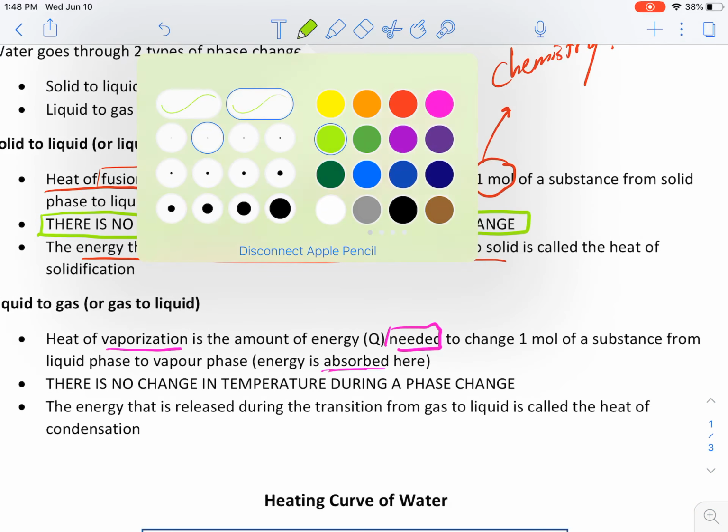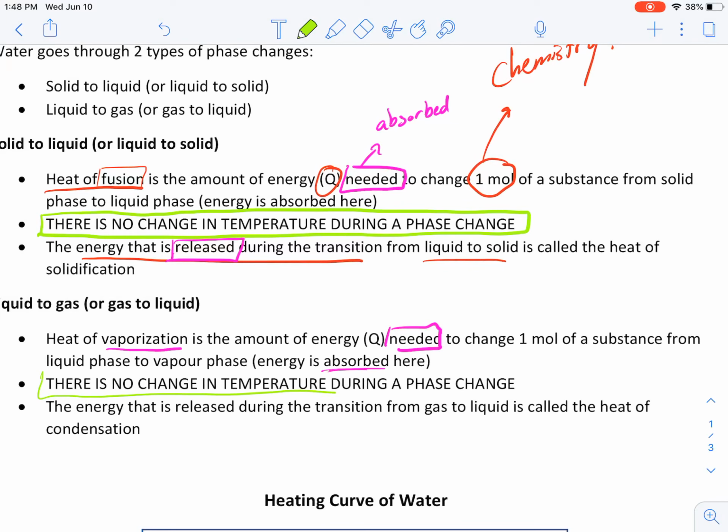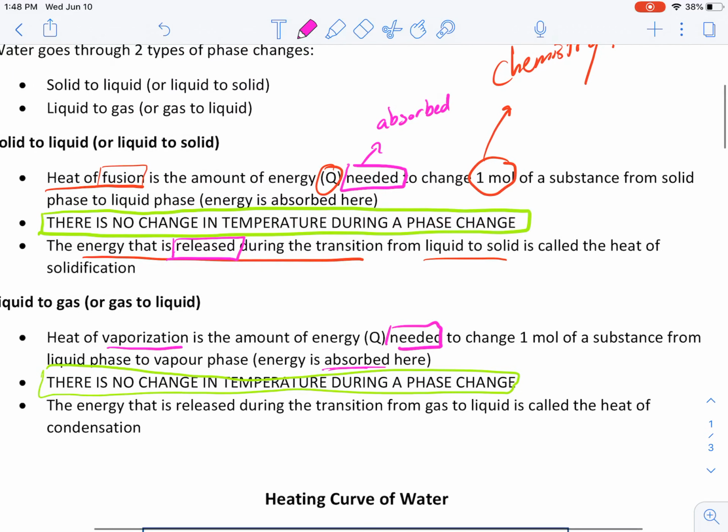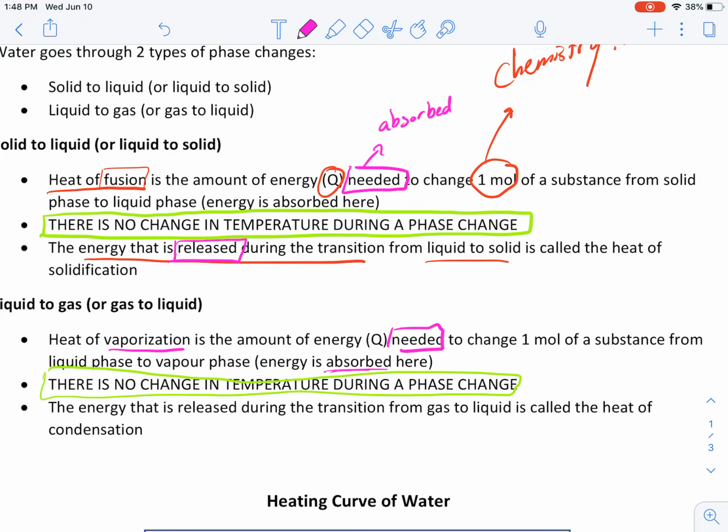Just like before, there is no change in temperature while an object is undergoing a phase change. There is still energy added, but not a change in temperature. And then to go the other way, from a gas to a liquid, is called heat of condensation. So it is released. When you have condensation, you're releasing energy.